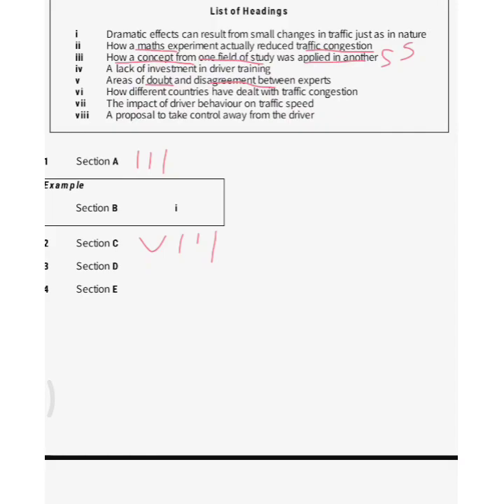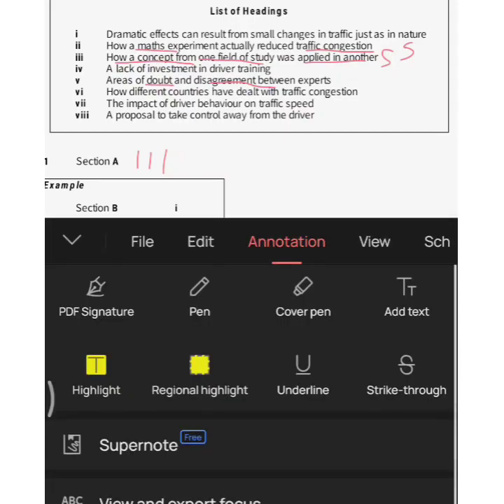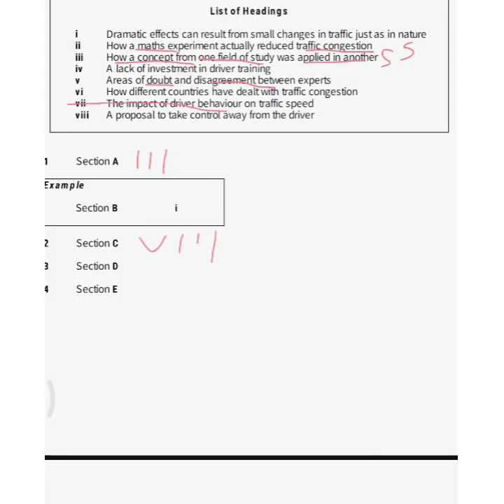So this can be the answer, and the others are not at all going with the passage. If we read the fourth one, the lack of investment in driver training, they are not talking about any driver training, they have not said a word about it, but they are talking about the impact of drivers' behavior on traffic speed, this one. So we will mark the seventh one.